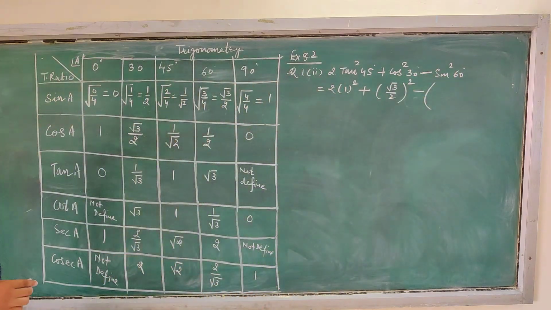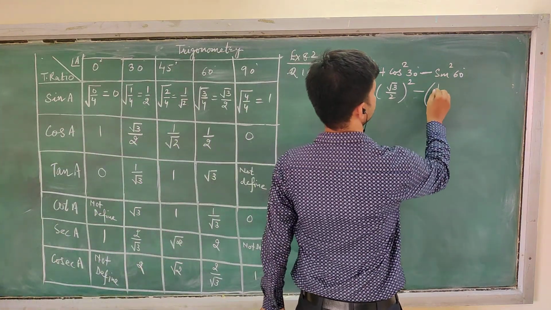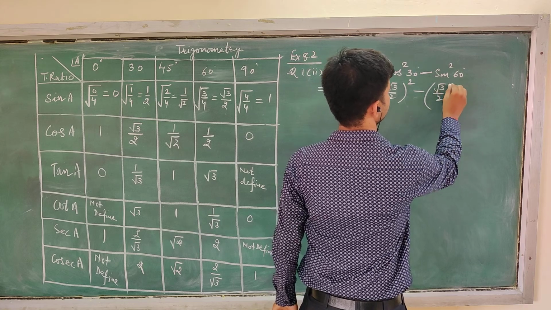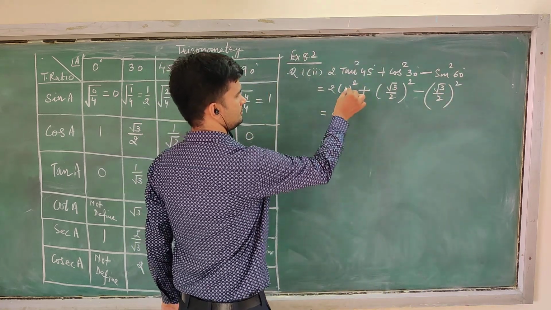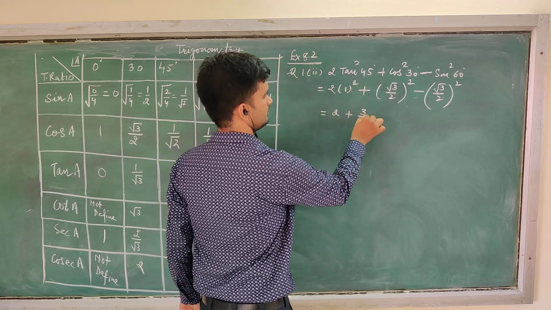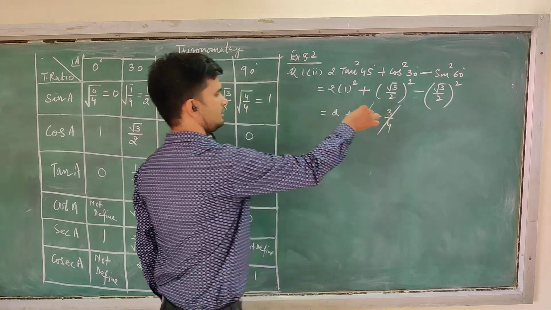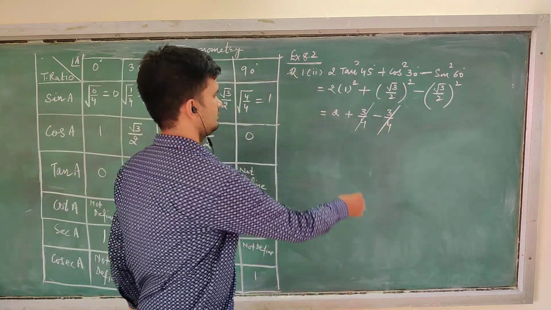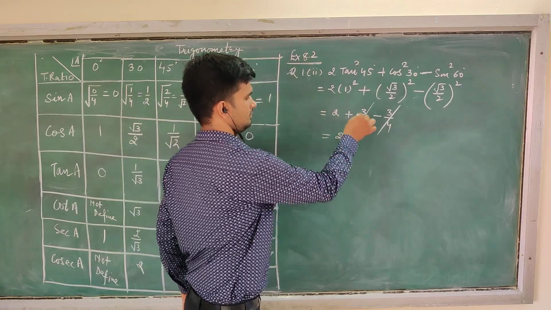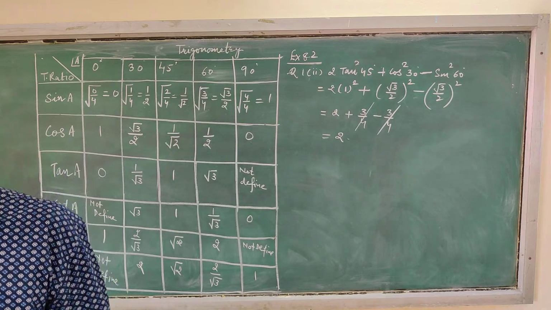Then come to sin square 60. Now sin 60 is root 3 by 2 whole square. So it will become 2 plus 3 by 4 minus 3 by 4. So 3 by 4 positive negative cancel. So it is equal to 2 is your answer.